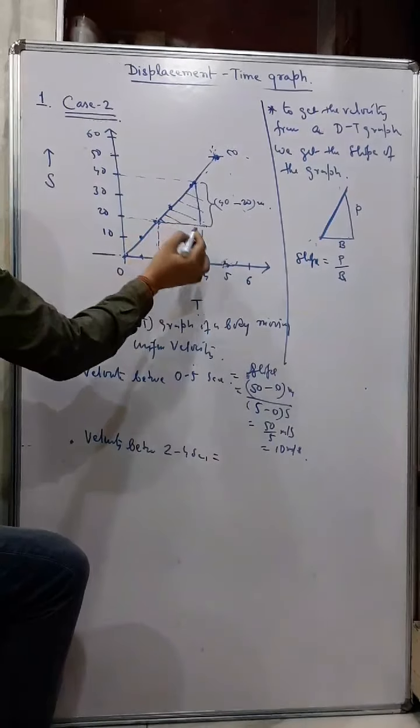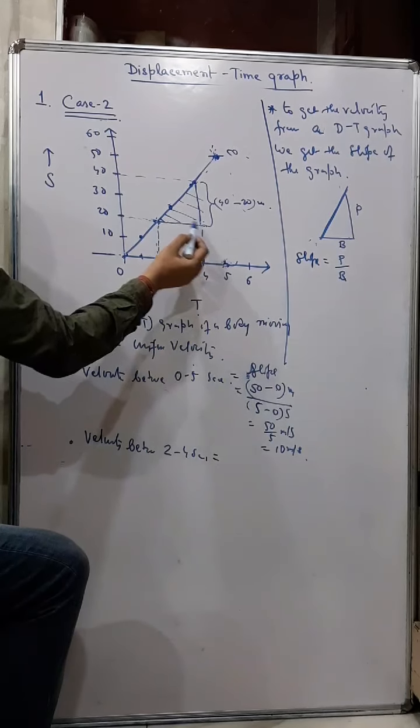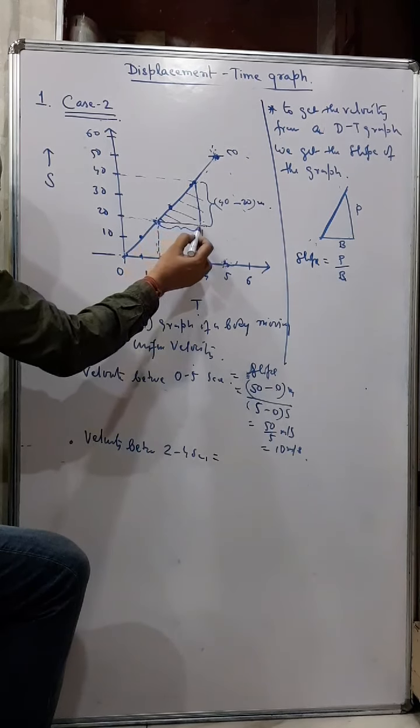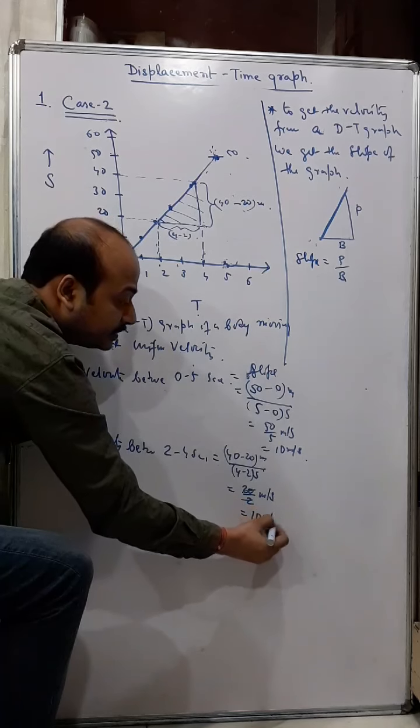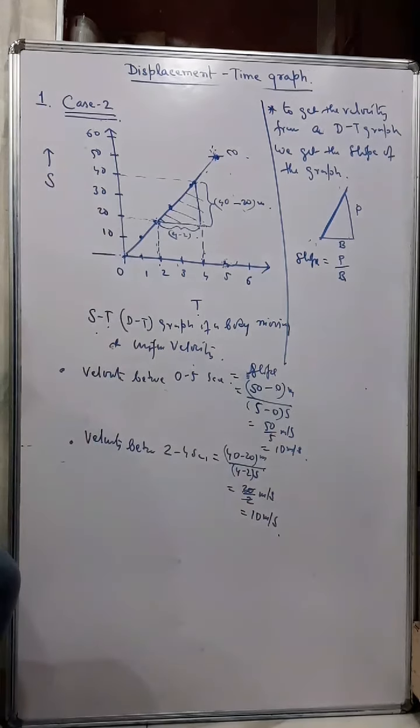And here also the final time is 4, initial time is 2, so I get 4 minus 2. So finally what do I get here? 40 minus 20 meter, and then 4 minus 2 second, and finally I get 20 by 2 meter per second. Again you can see it is 10 meter per second. So that means uniform.